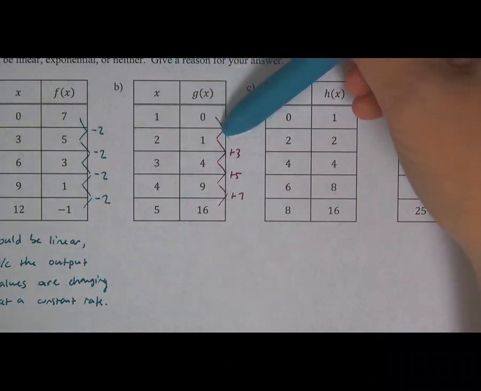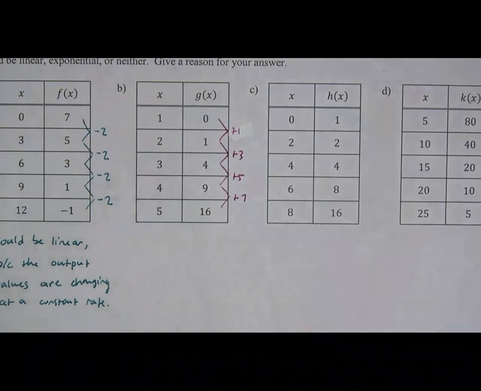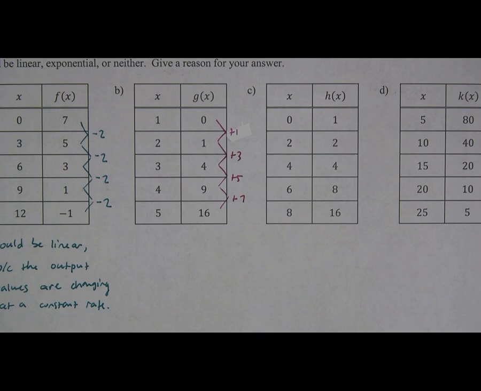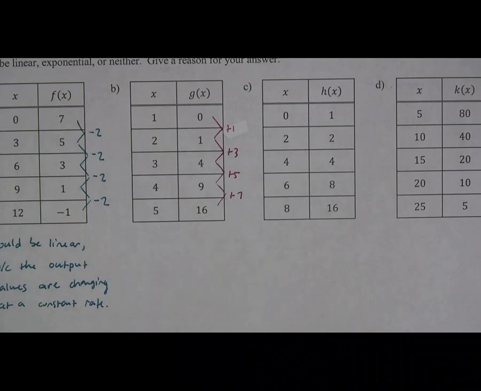No, because 0 to 1, I mean, what are you multiplying? You know what I mean? There's no way that this could be exponential. Could you recall some old information and tell me what degree this polynomial could be? It could be quadratic, it could be second degree, because if I went out one more tier of differences, I would find that the rates of change are constant. But that's not really what we're having to do here. If our options are linear, exponential, or neither, we're going to put neither.